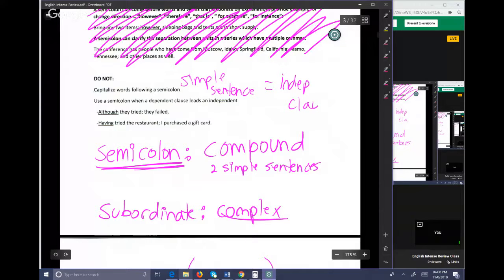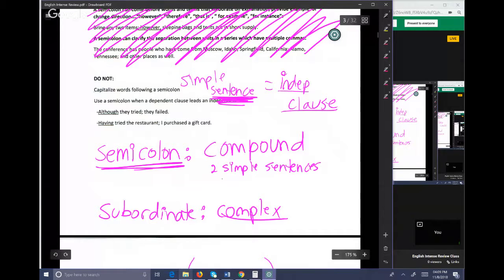A simple sentence is just one independent clause. A compound sentence is when we have two different independent clauses joined together, because we're talking about a sentence, not sentences. But a compound can be joined two ways.